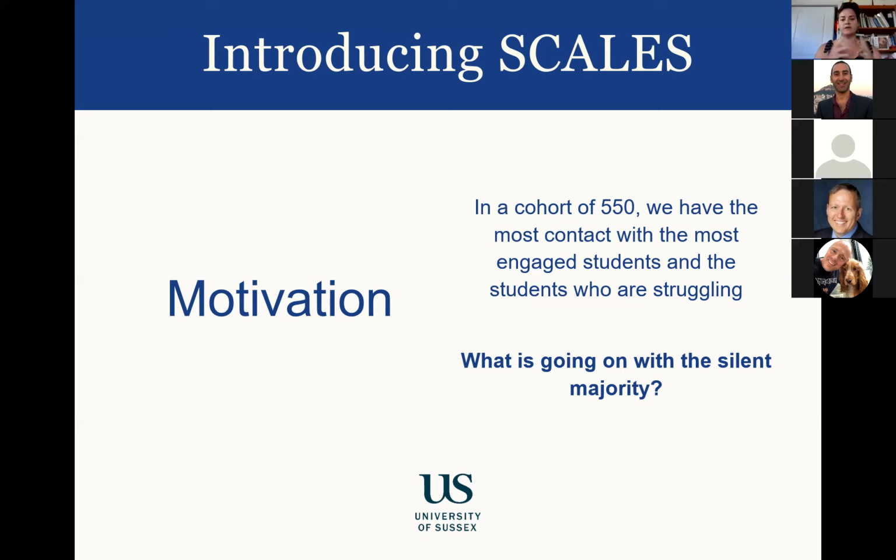And so the key question for me is, what is going on with the rest of our students, with that silent majority in the middle who are doing okay? What's happening with them? Because they don't usually ask for help. They may not even attend their sessions because they watch the lecture recordings, they do the worksheets, and they just never have any contact with us.